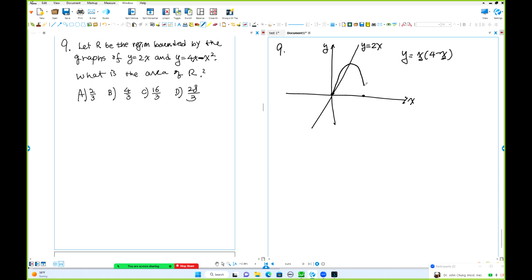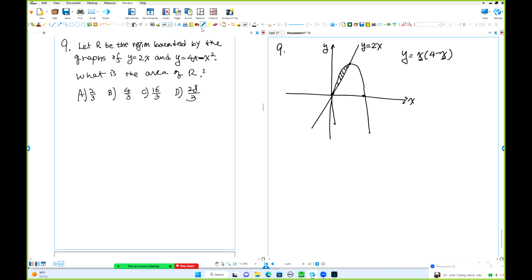They are going to have some intersections. If you graph it this way, there seems to be no intersection, but they must have an intersection there.